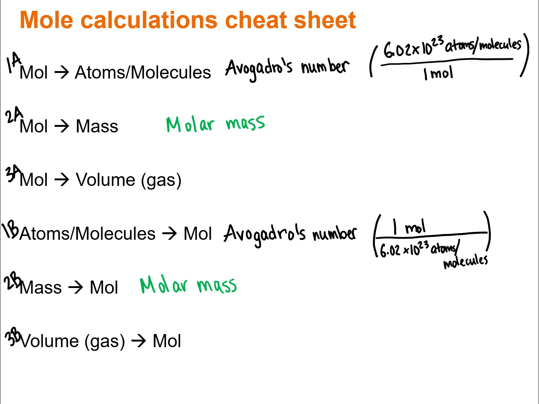If you're trying to convert from the number of moles to the mass, you're going to have your grams of substance on top and 1 mole of substance on the bottom.